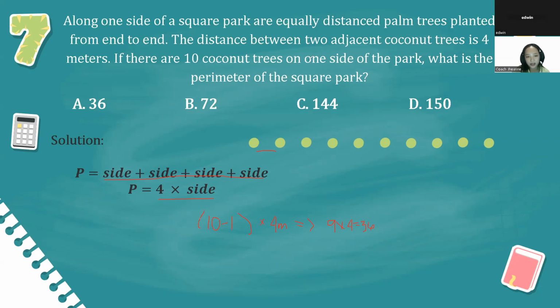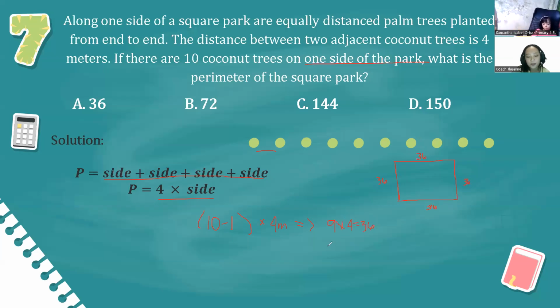Now, remember that 36 is only on one side of the park. So if we have a square park here, this side is only 36. Now, this side is also 36 since it is a square. It has 4 equal sides. And also here, 36 and 36.